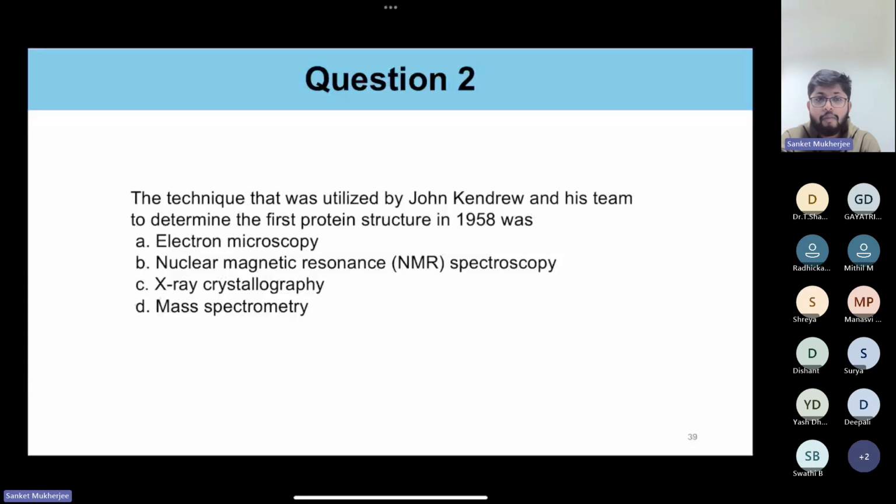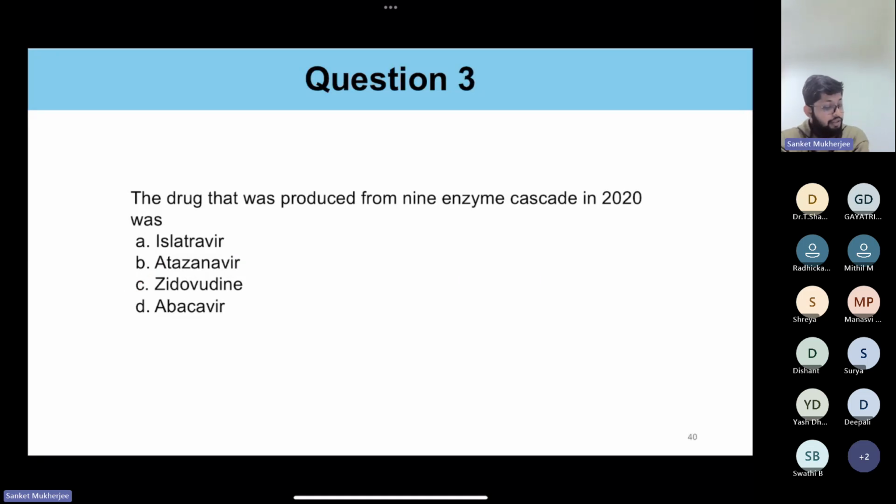Sir, maybe X-ray crystallography. Yes, you're absolutely right. The drug that was produced from a 9-enzyme cascade in 2020, we again discussed this. What was it? Was it islatravir, atazanavir, zidovudine, or abacavir?